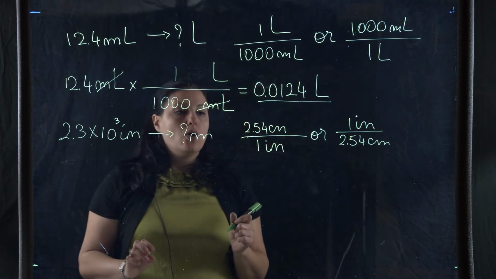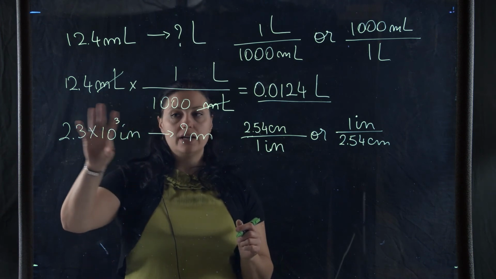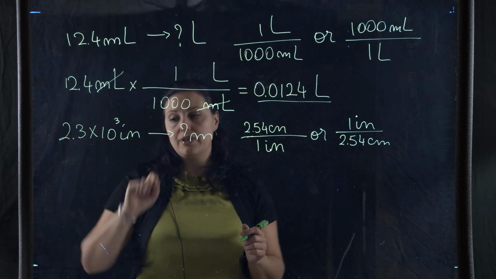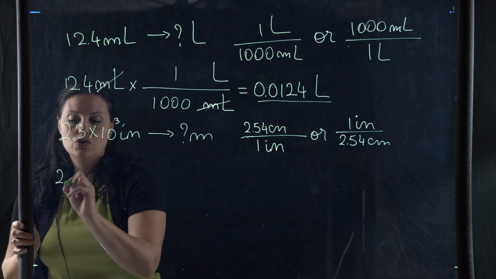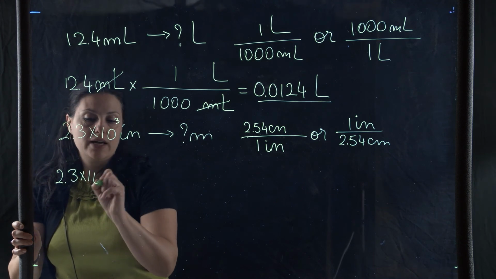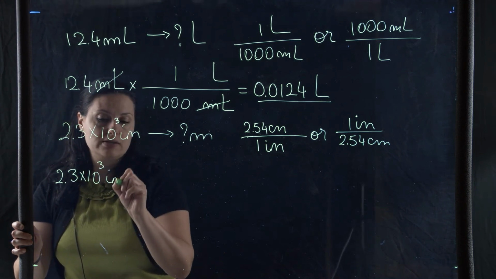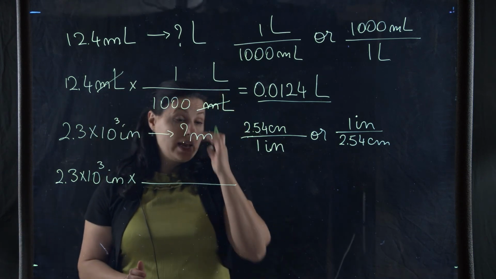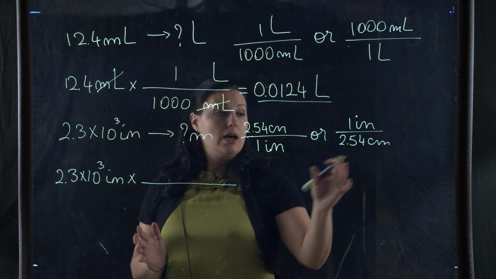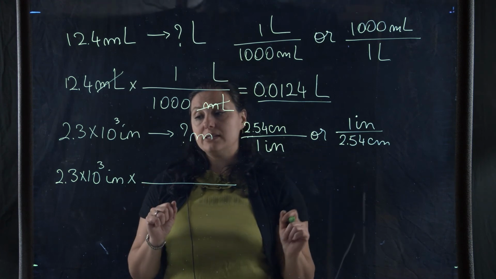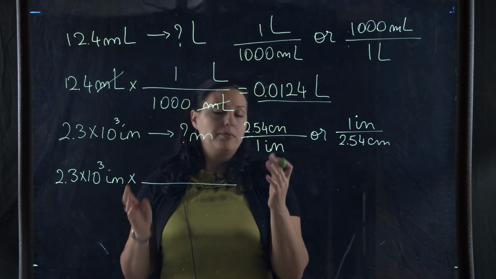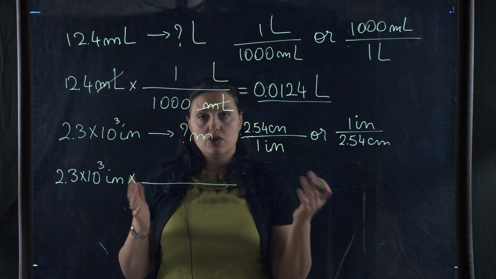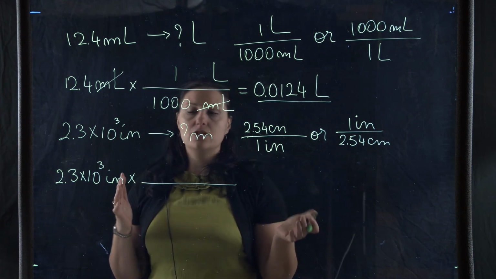Okay, once again, I need to start with a number that I'm given. So I'm given 2.3 times 10 to the third inches. Multiply that by my conversion factor. Now I can use either one of these when I'm converting from metric to English or English to metric.